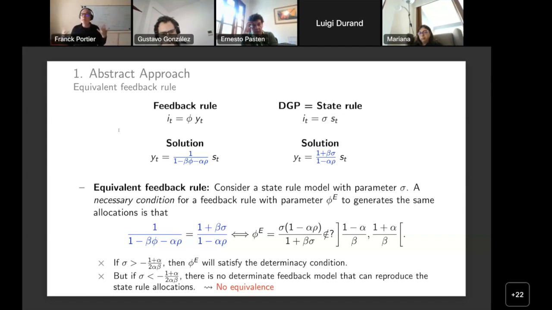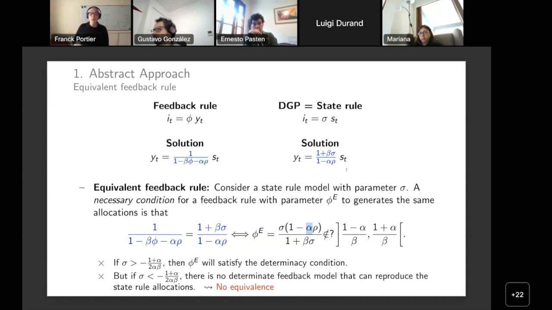When I estimate, given that I'm not allowed to choose this phi_e, I will have to bias some other coefficients to make sure that I enter that box, that I have determinacy. So I'm going to create a bias. That's the key problem with this determinacy bias: the absence of a back and forth equivalence between the two worlds.